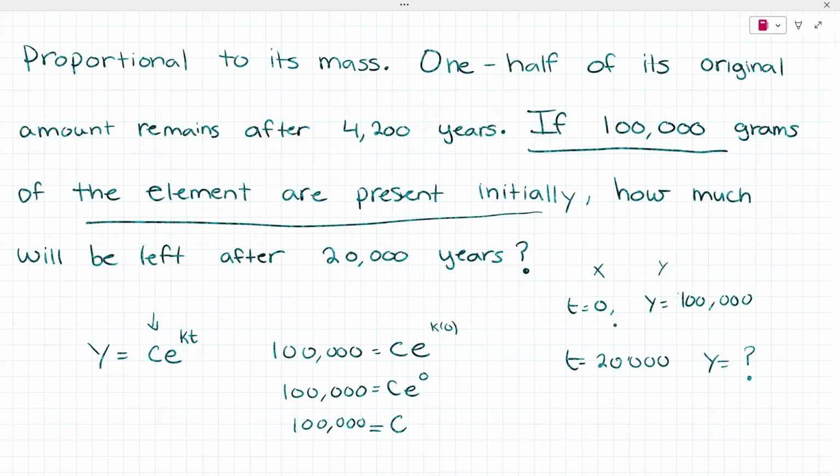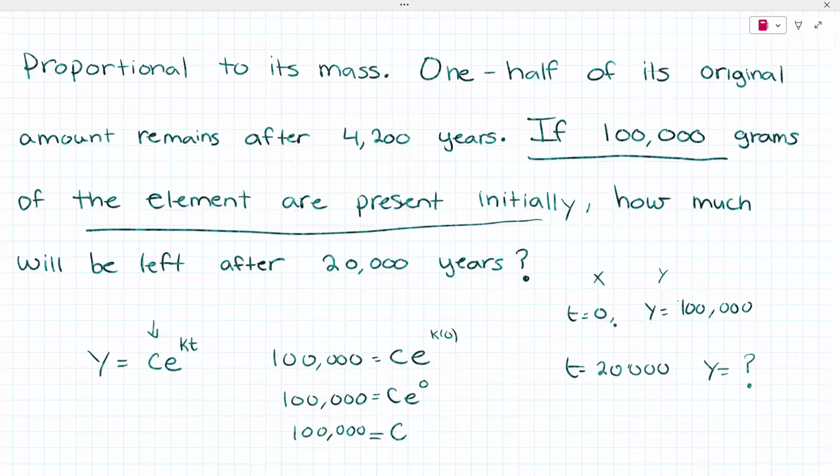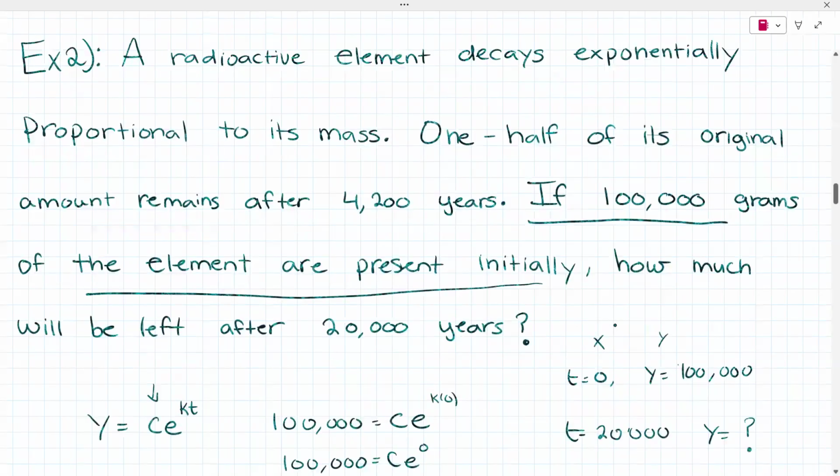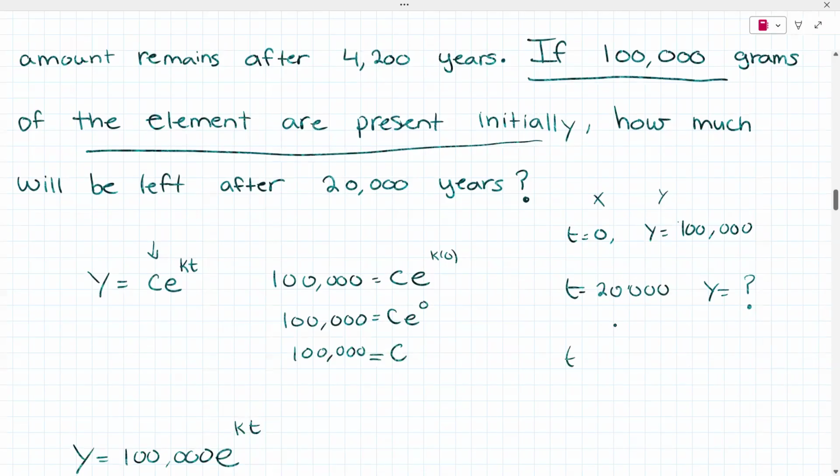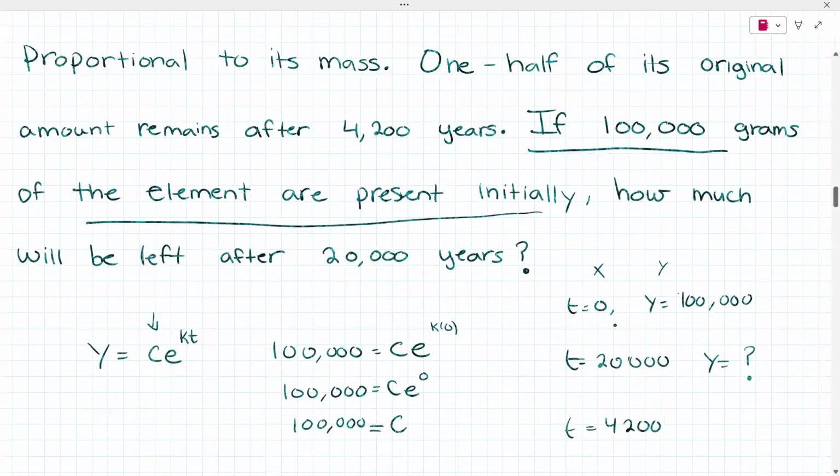So we know our C. Oh, they also say that one half of its original amount remains after 4,200 years. So at 4,200 years, what's one half? What is the y amount?